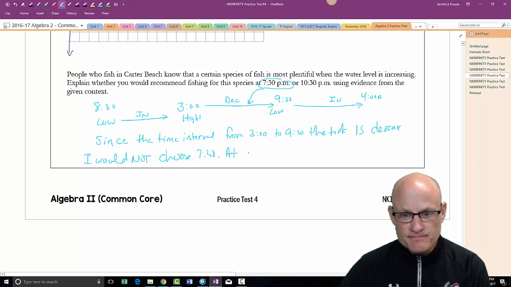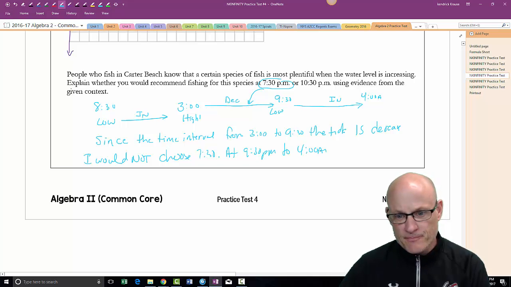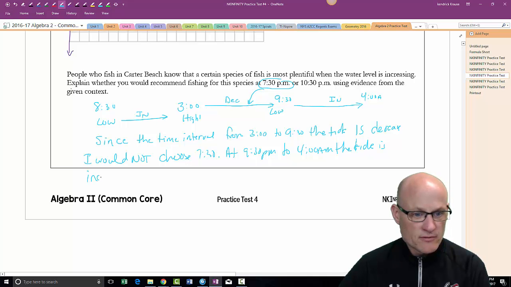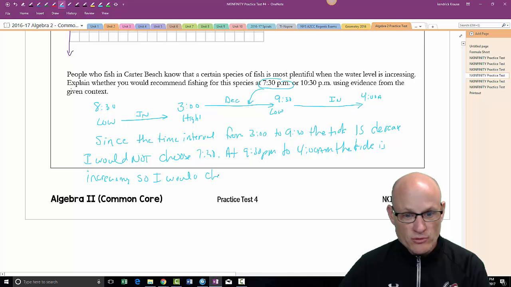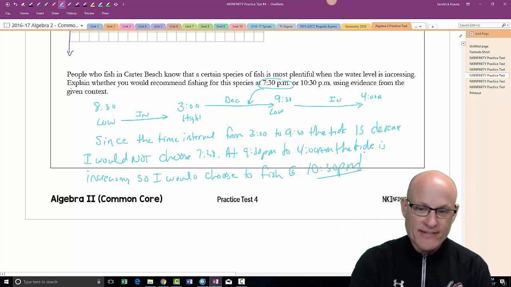At 9:30 p.m. to 4 a.m., the tide is increasing. So I would choose to fish at 10:30 p.m. There she goes, kids. That's the answer to the question.